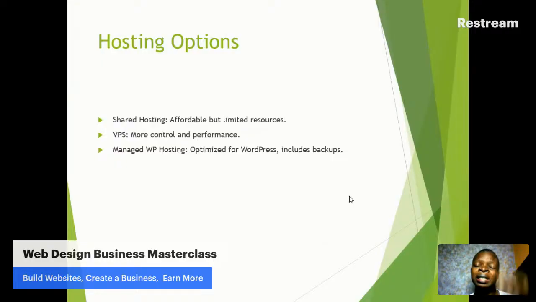You want to pick a hosting service that has more bandwidth. What is bandwidth? Bandwidth is the rate at which data is uploaded and downloaded from your server. Some companies give you maybe 50 gig bandwidth per month. That means the volume of data that can be uploaded and downloaded from your server will be 50 gig.